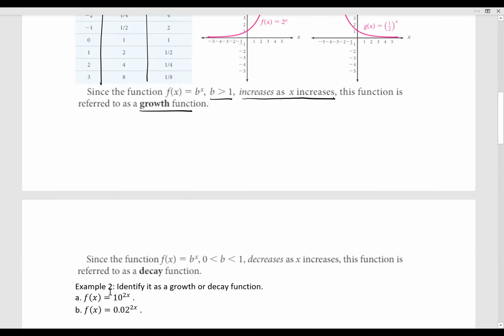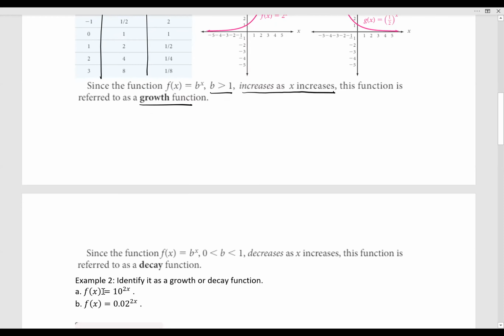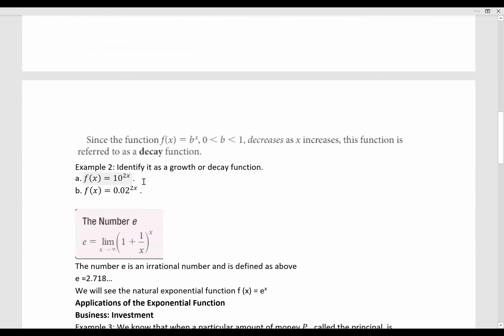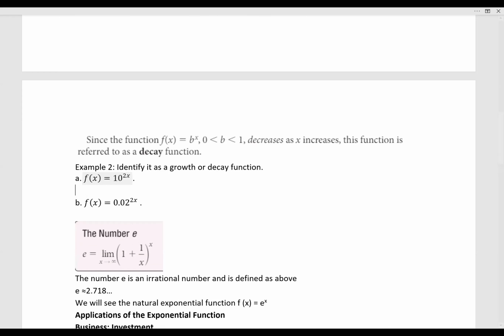So let's have another example. In example 2 here, I want you to identify it as a growth or decay function. f(x) equal to 10 to the power 2x. I will just check the base.